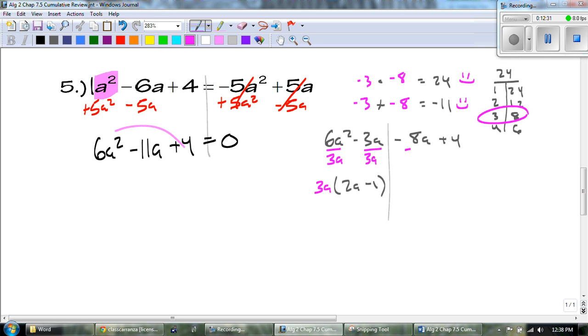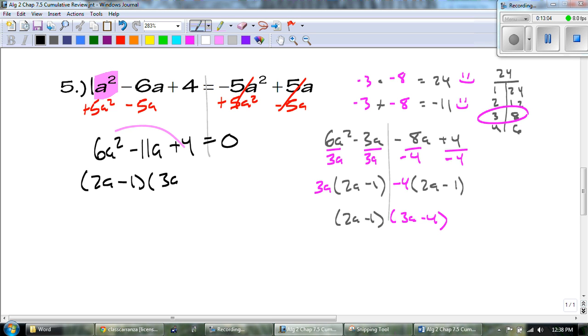Okay, so the GCF back here of negative 8 and 4, well, it's negative, and then I can take out a 4. Negative 8 divided by negative 4 is a positive 2, and then 4 divided by negative 4 is negative 1. So we get 2a minus 1, and then our other binomial is 3a minus 4. So my next step would show the 2a minus 1 and the 3a minus 4, and remember the order doesn't matter for that.